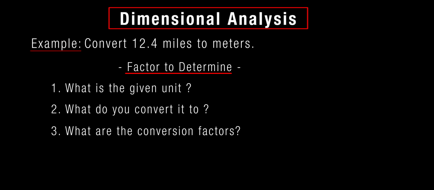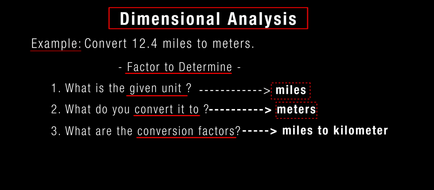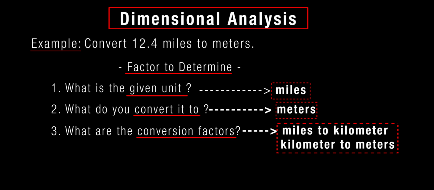In this example, the given unit is in miles, and you need to convert it to meters. In order to do that, you need to convert miles to kilometers first, and then kilometers to meters.